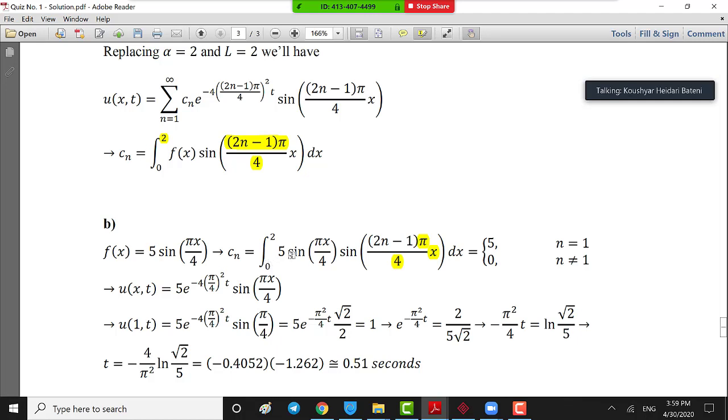But when these two sines are different, which is going to happen for every value of n that is not equal to 1, then the result of the integration is going to be 0.